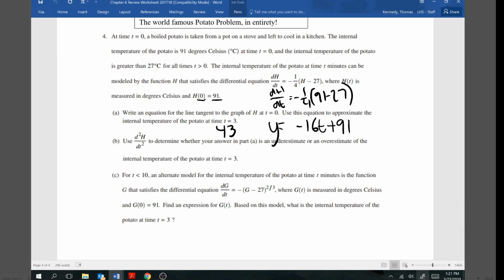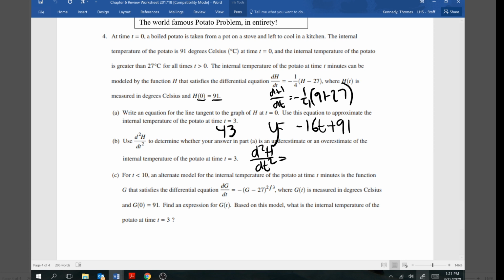So for part B, it says use the second derivative, but we have to find it to use it, to determine whether your answer in part A is an underestimate or an overestimate of the internal temperature of the potato at time equals 3. So all we have to do for this one is take a derivative of the dH dt equation, and the derivative of the left is exactly what we want.